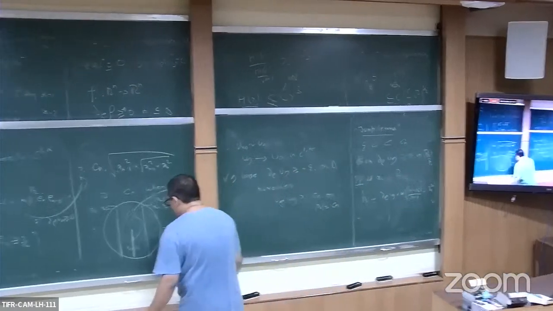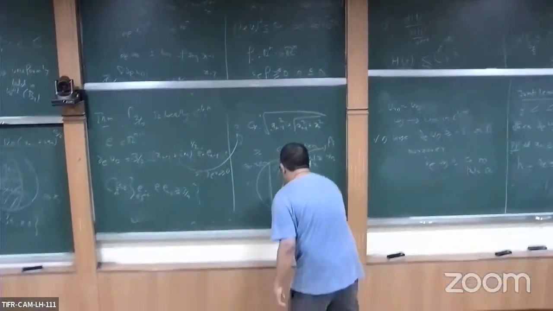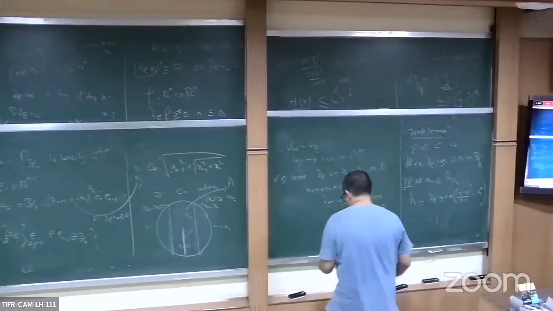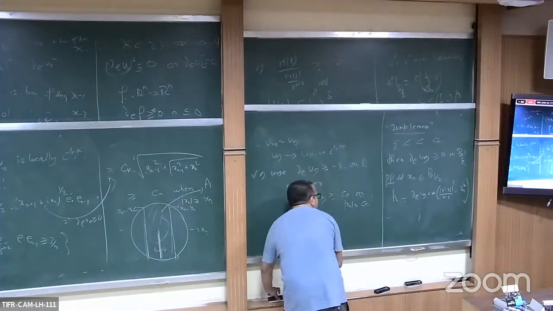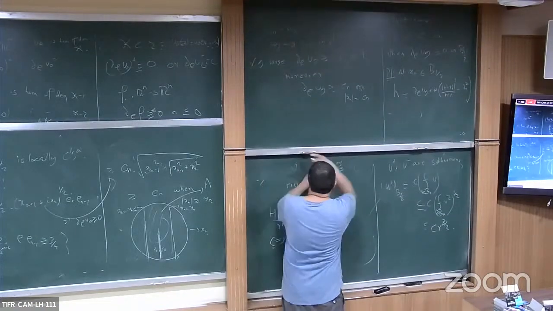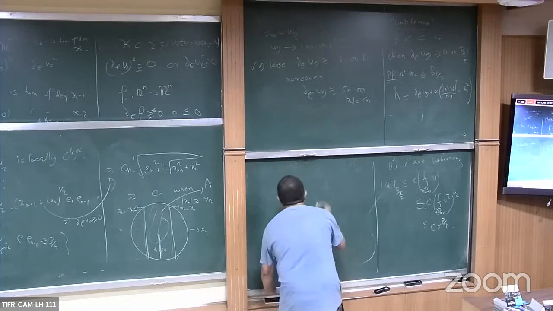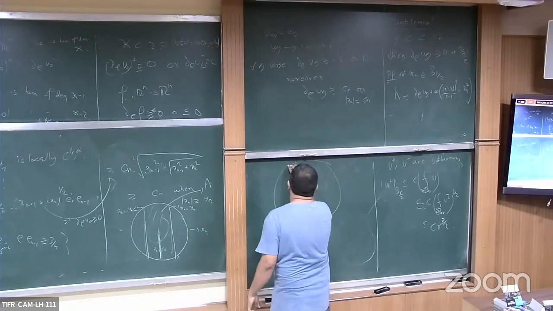So on this set, which is in the thin part, suppose this function makes sense on the following set. Now my set A for the other one changes. So now my set A is the following.